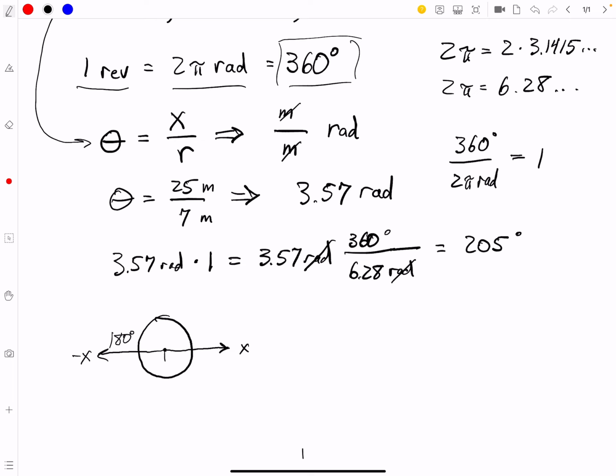And if we come all the way down here, we've got 270 degrees. That's our minus y-axis. So 180 plus 15 degrees gives us 205. Is that 15? No, that's 25 degrees. So it's almost 30 degrees.